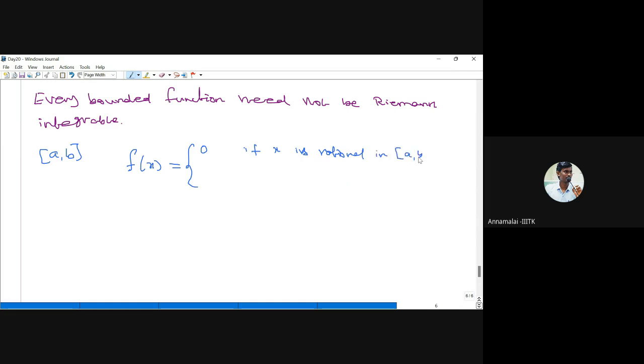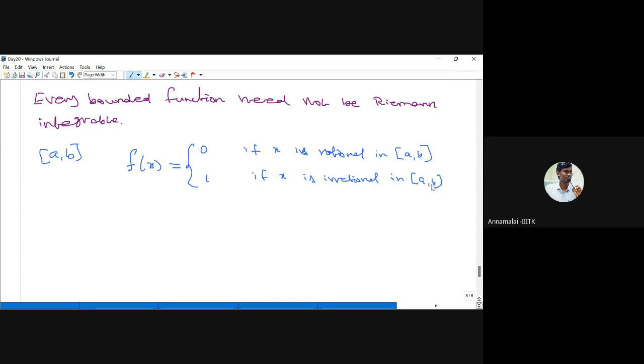For rational points, it maps to 0; for irrational points, it maps to 1. So clearly the function is bounded because it's bounded by 1.